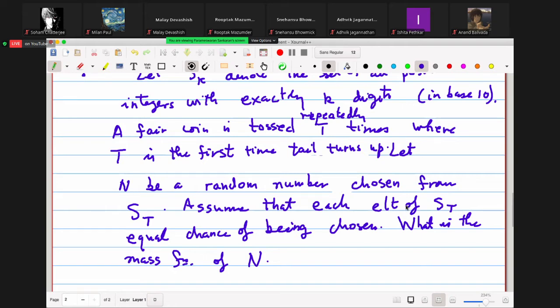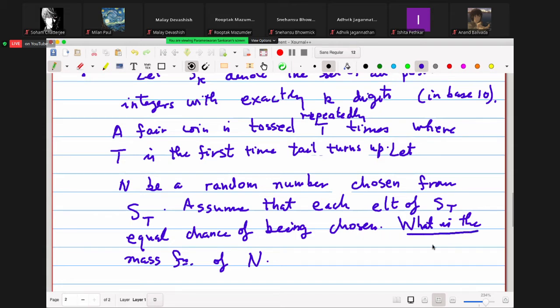Once you know that, you know the probability of N being chosen, because S_T is a finite set. We know how many elements there are: as many as the number of positive integers which have exactly T digits in their decimal expansion. The probability of such an N being chosen from this set is 1 by the cardinality of the set S_T. All this is given to you.